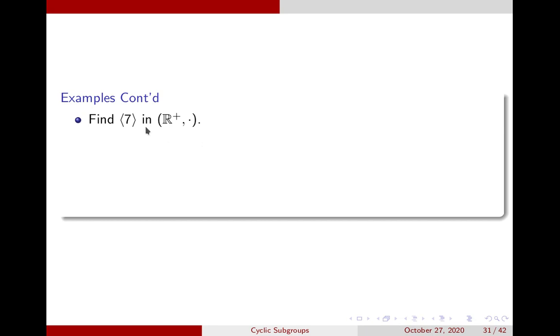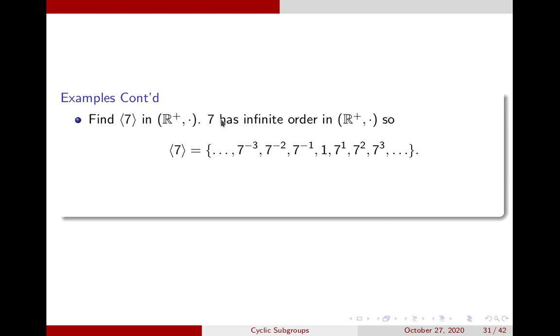Okay, let's find the cyclic subgroup generated by 7 in this group, the positive real numbers using the operation of multiplication. 7 has infinite order. So what does the cyclic subgroup generated by 7 look like?